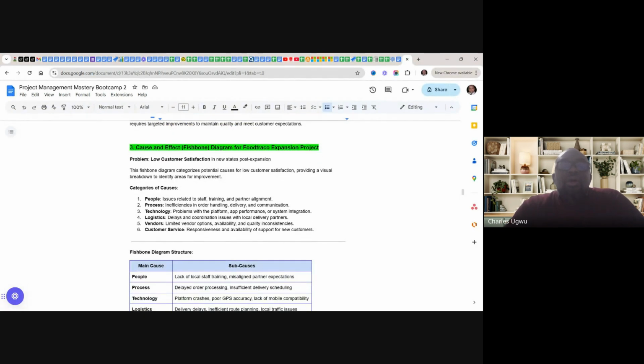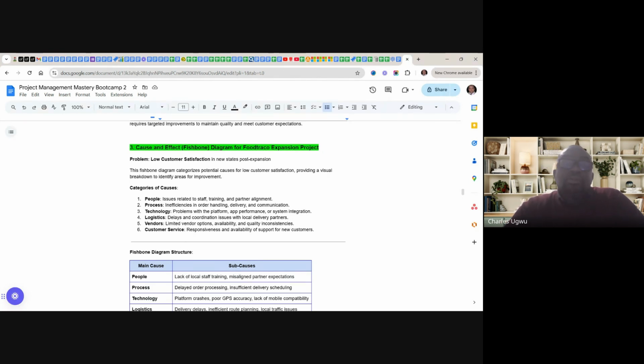Looking at root cause analysis or cause and effect, the problem is low customer satisfaction in the state of post-expansion. We use a fishbone diagram. There is a diagram called fishbone. It's like a fish. We are going to treat that in business analysis.